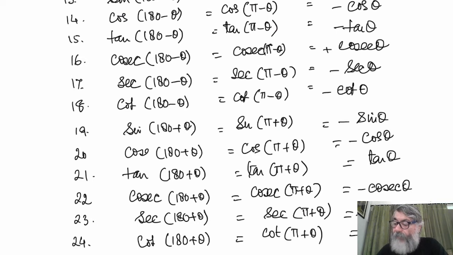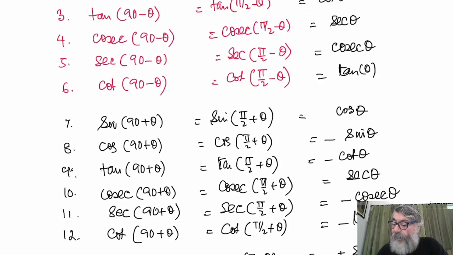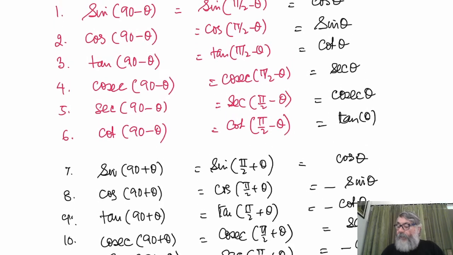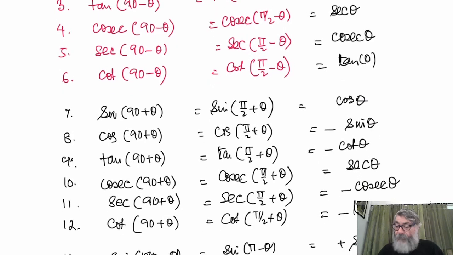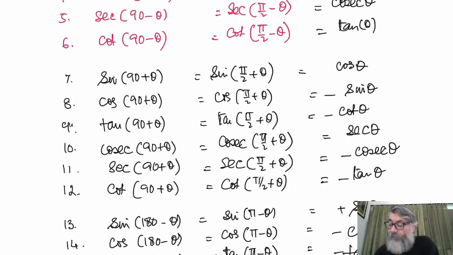So we started with sine 90 minus theta, sine 90 plus theta, sine 180 minus theta, now 270.